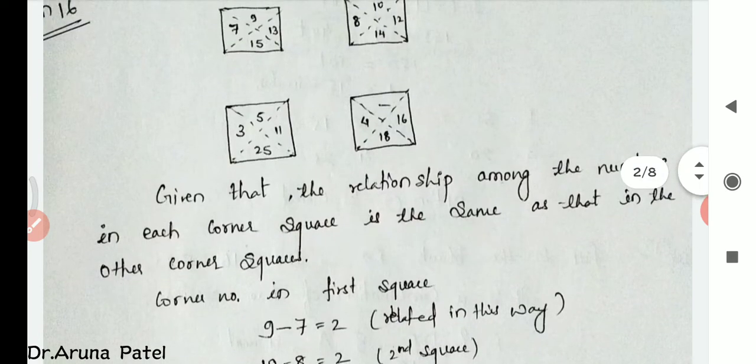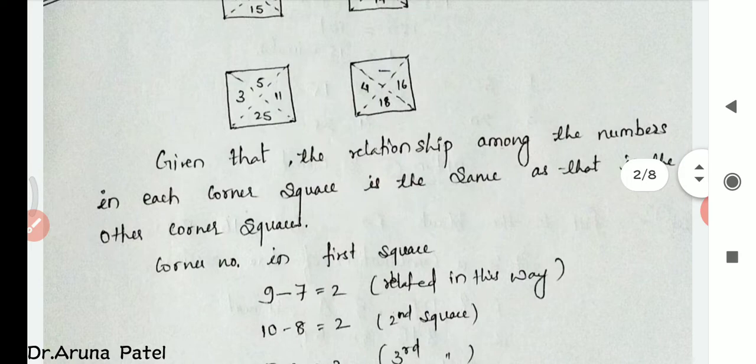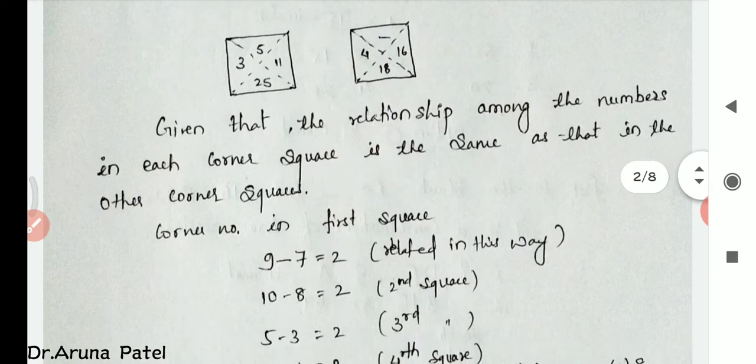So here in the first corner, 7 and 9, the relation is 9 minus 7 is equal to 2. In the same way in the second square, 10 minus 8, so you get 2. Similarly in the third square, 5 minus 3, you get 2, the same number.